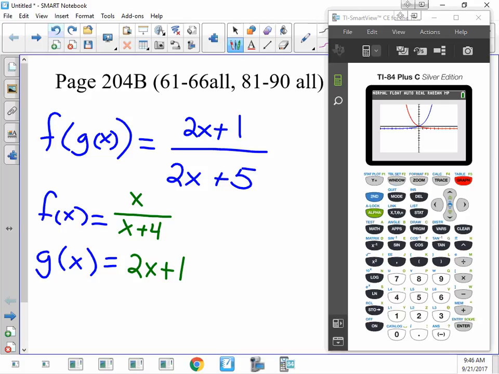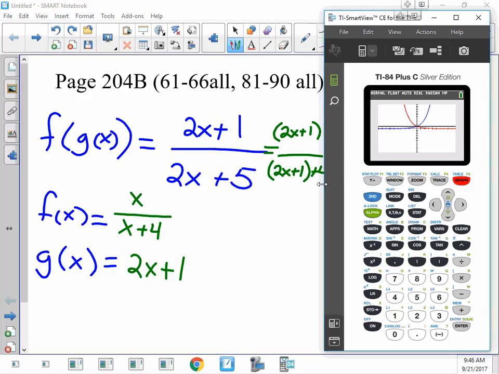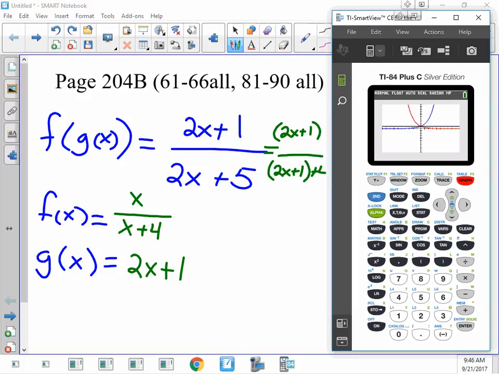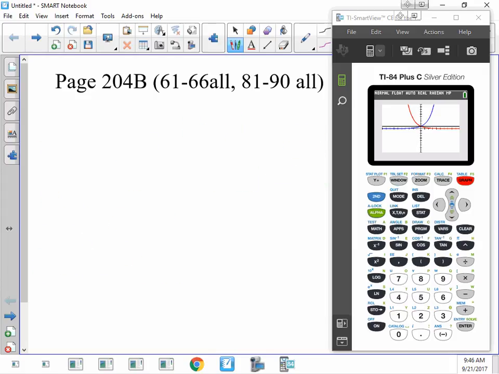Yeah. So what we're saying, we're calling this 2x plus 1 and 2x plus 1 plus 4. Okay? Does that make sense? All right, let's try another one.